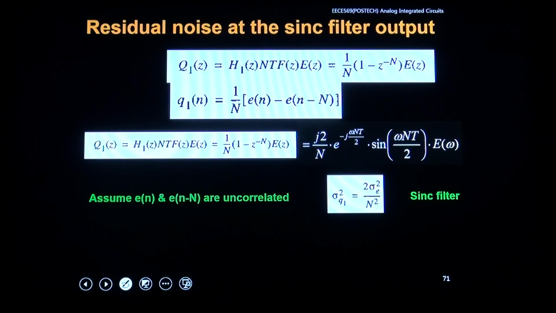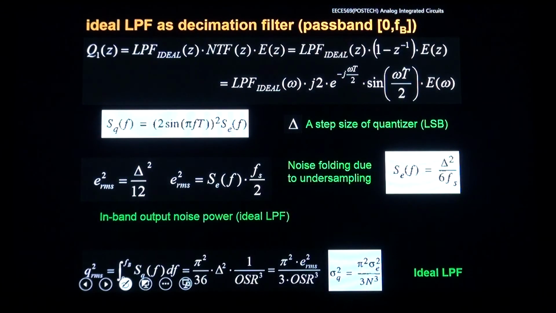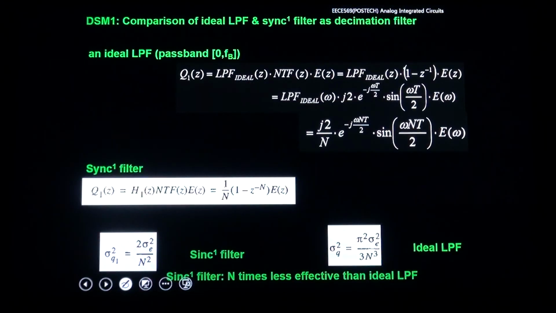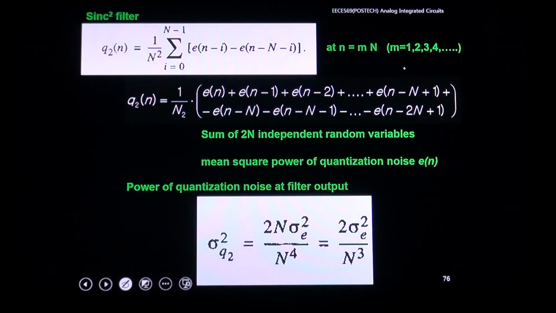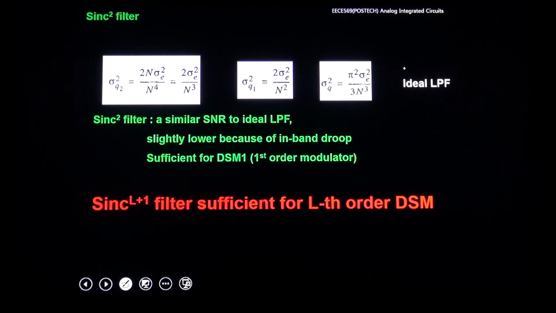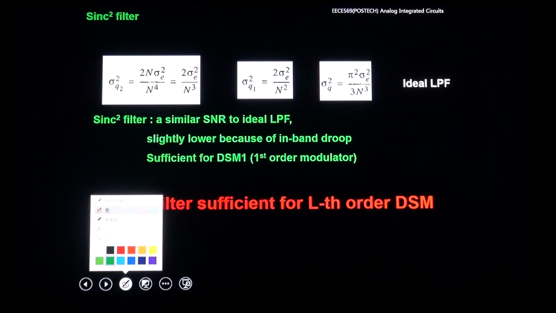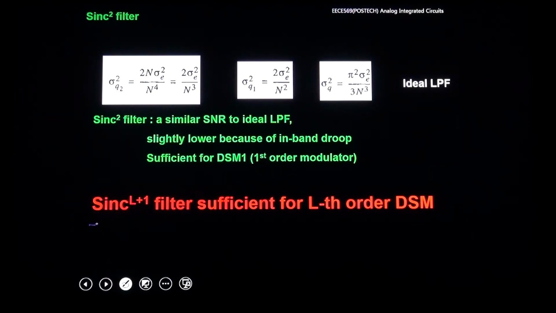So those are a brief summary of the ones we talked about. So, conclusion: we need a one order higher sinc filter for the decimation filter.